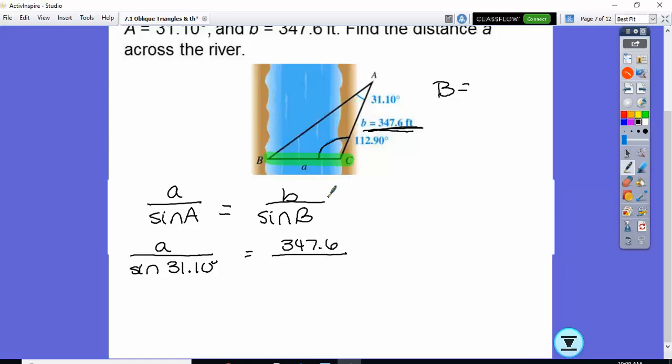So 180 minus the other 2 angles. 36 degrees.